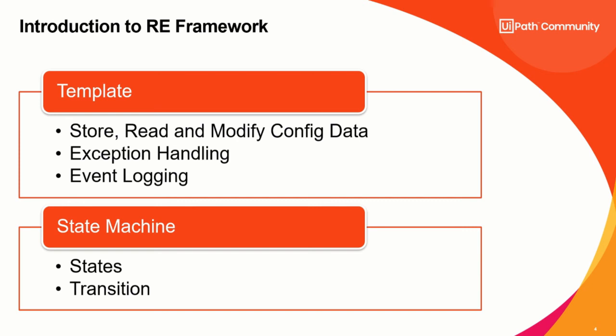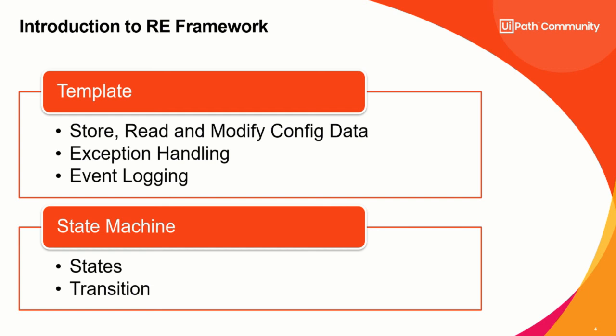They need to have proper config data, exception handling, and event logging, so that they are easy to handle, easy to maintain, easy to reuse, and provide effective logging as well. The RE framework template helps us achieve all these goals.